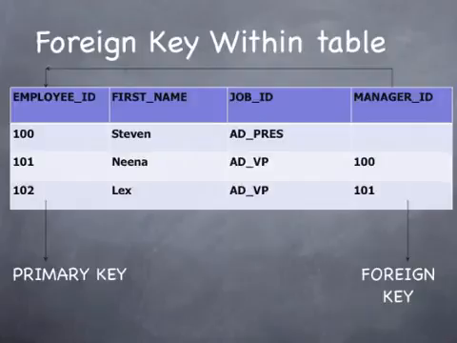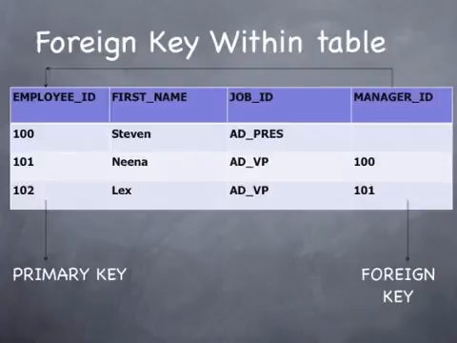Now what we are trying to say over here is that a manager is always another employee of the company. If you look at the second row where the employee ID was 101, the name of the employee was Nina, whose job was AD_VP, and her manager's number was 100, or the employee whose name was Stephen.